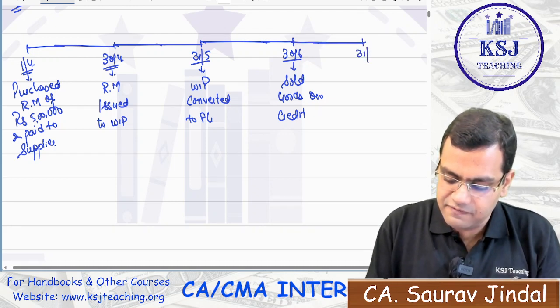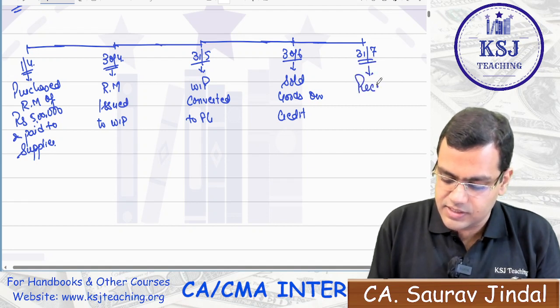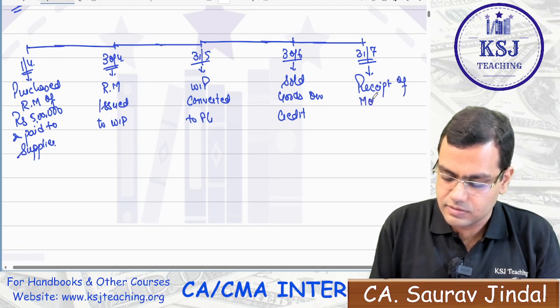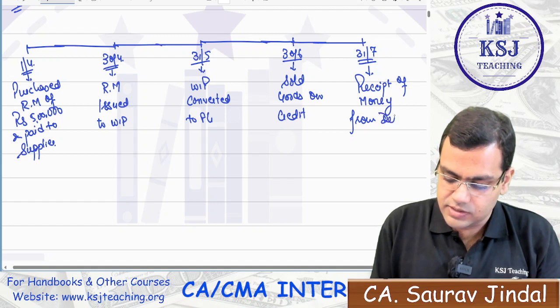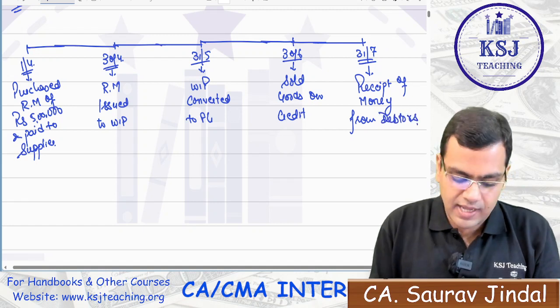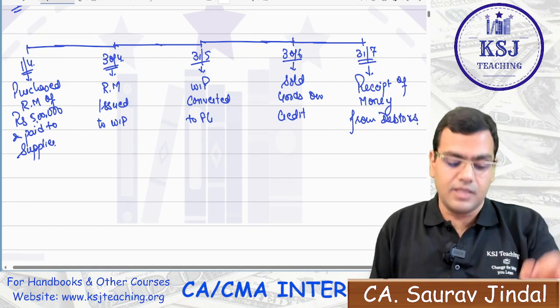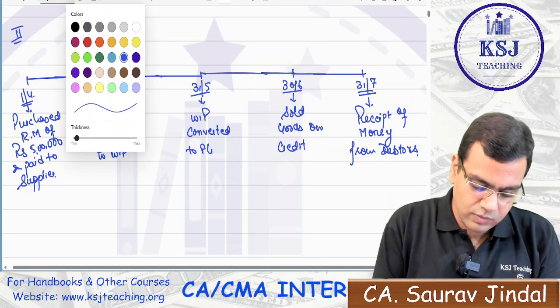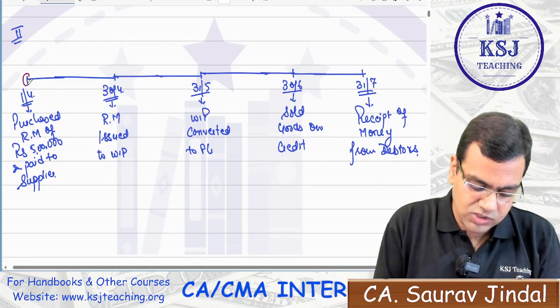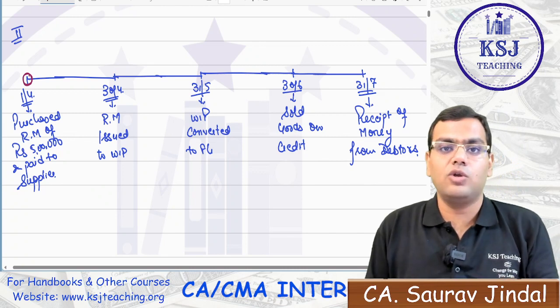So on 31st of July, there is receipt of money from debtors. Now what happened, sir? You invested the money on 1st of April. When are you going to recover that money?